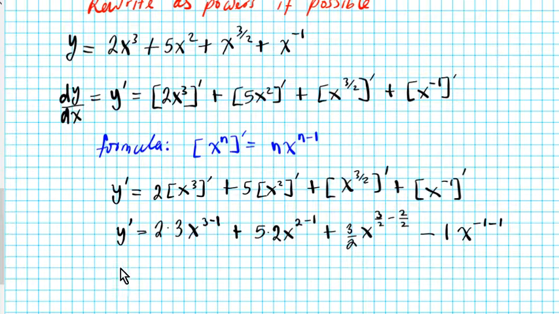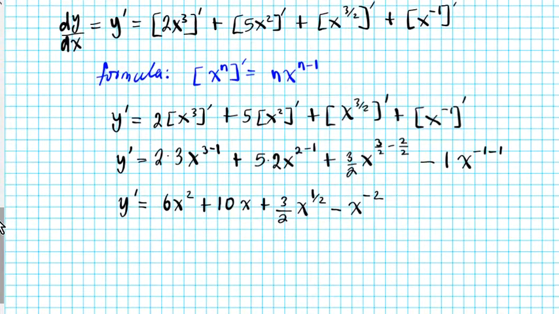Now to simplify, we want to make this look pretty. We're going to have y prime equals 6x squared plus 10x plus 3 over 2 x to the 1 half minus x raised to the negative 2. Now let's make it look pretty.